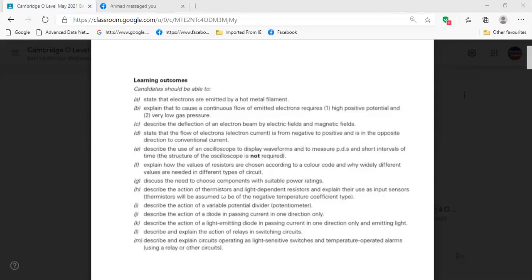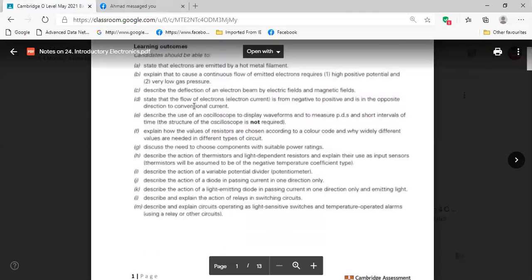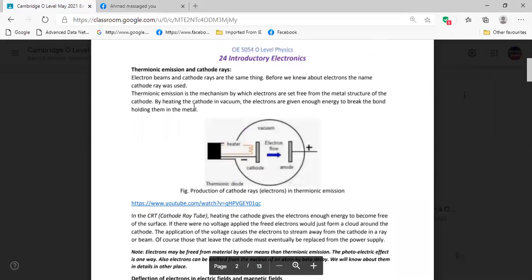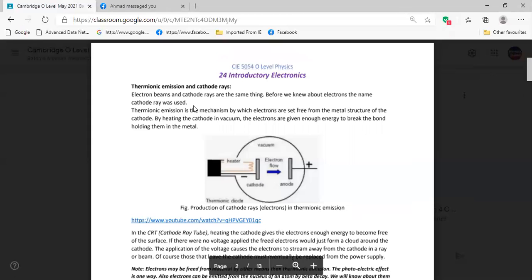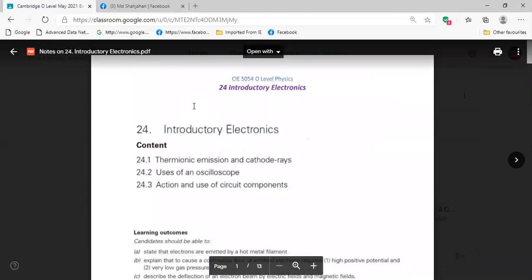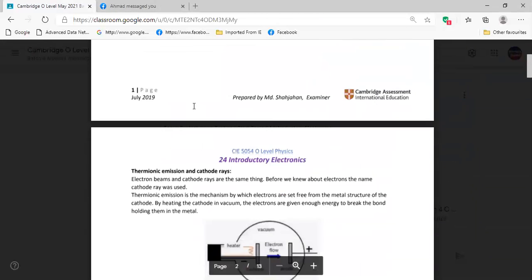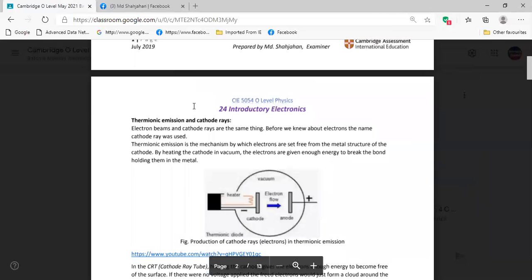Now first we are having thermionic emission and cathode rays. Could you please write this heading, both of you? You write topic name, topic 24, Introductory Electronics. Then you write this heading, thermionic emission and cathode rays.